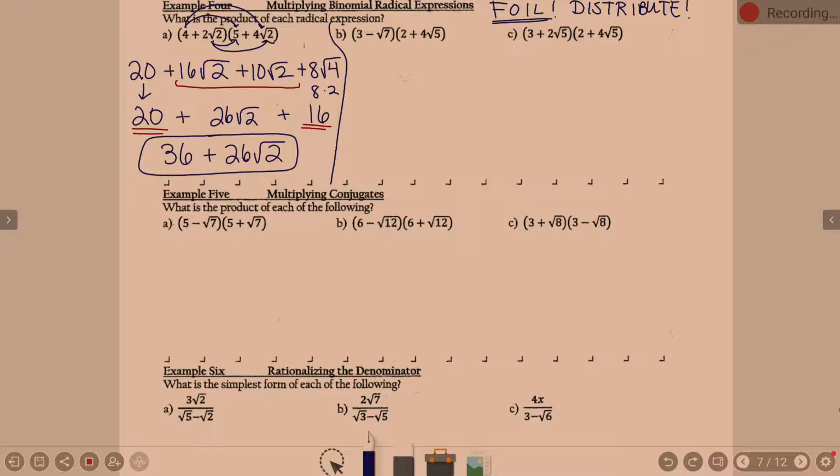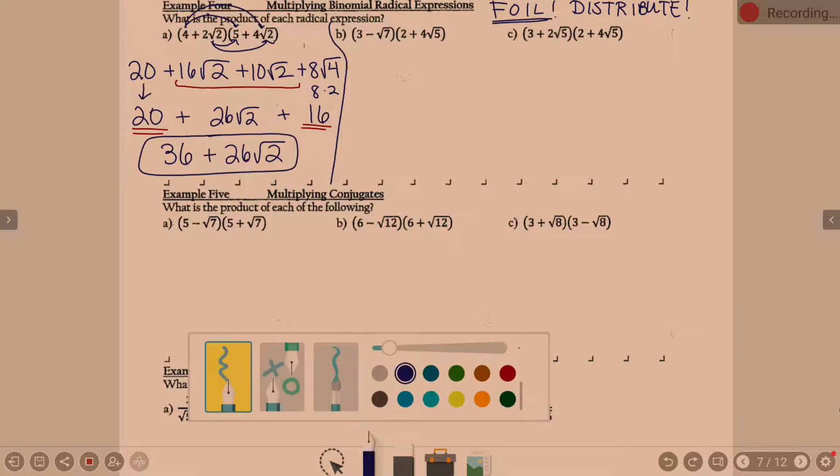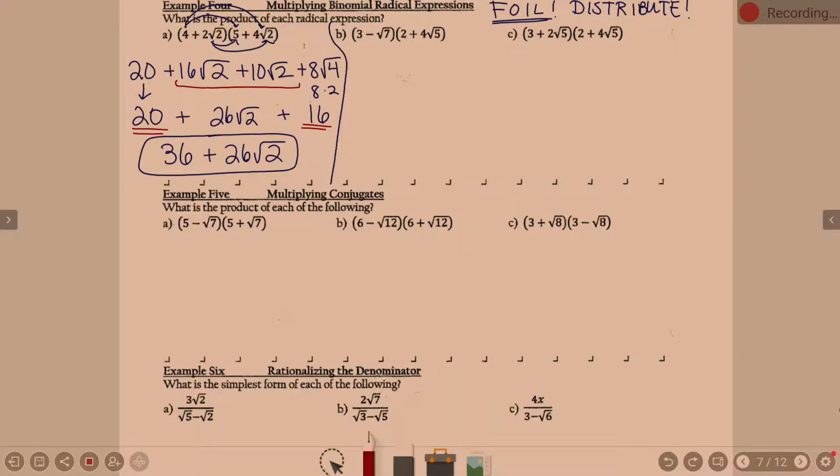first step, what do I do on B? Okay, we're foiling. First, we take the 3 and distribute it to the 2. And 3 times 2 is going to be 6. Okay. Then outsides.